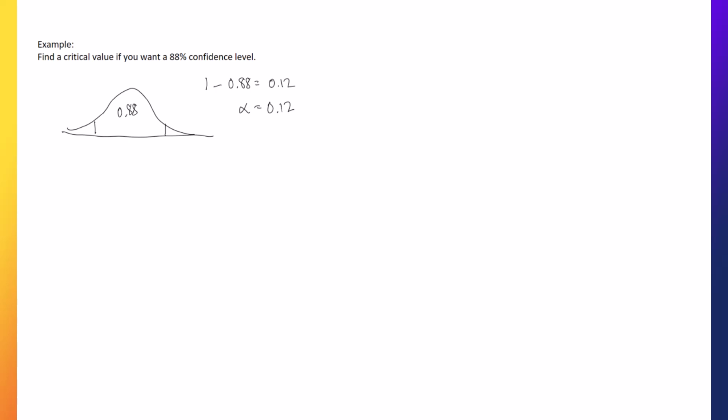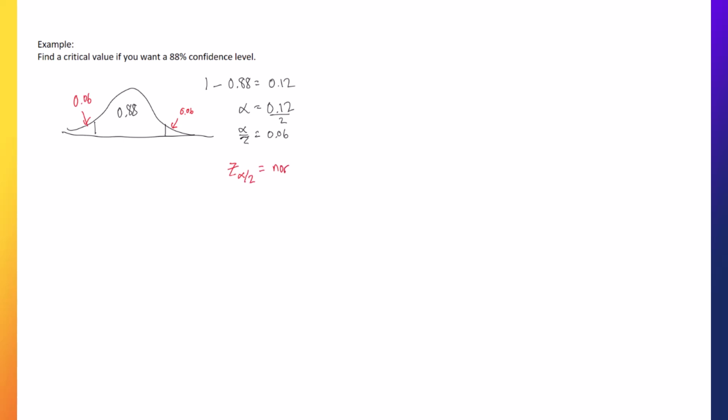And then a single tail, an alpha over 2, is 0.06. So that tells me here that this area is 0.06 and this area is 0.06.